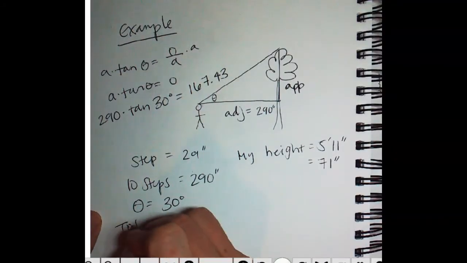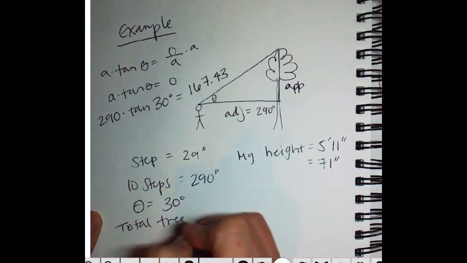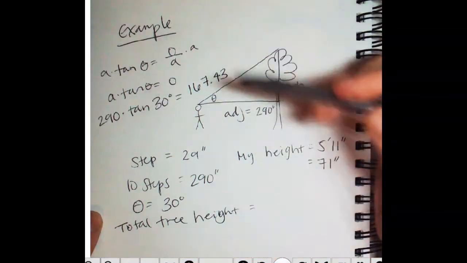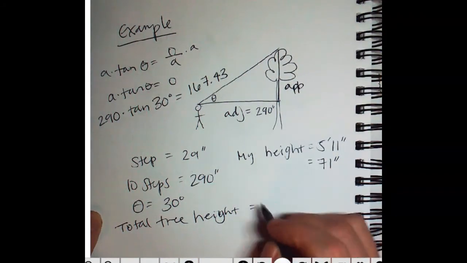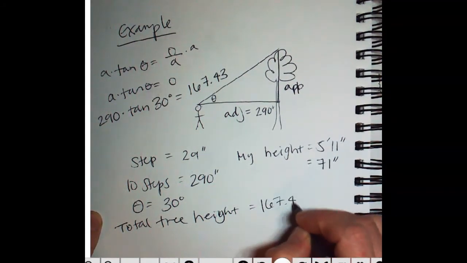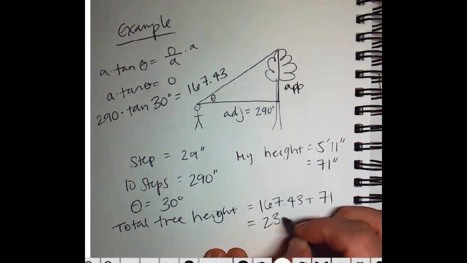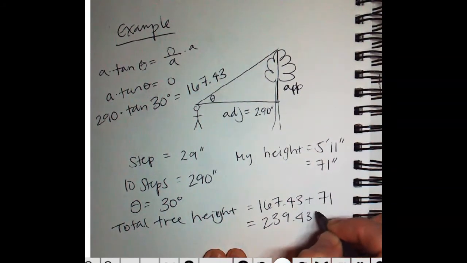So then we said the total tree height is going to be that opposite side plus my height. So 167.43 plus 71 is, where's my calculator? I don't feel like doing it. 167 plus 71, 239. 239.43 inches.